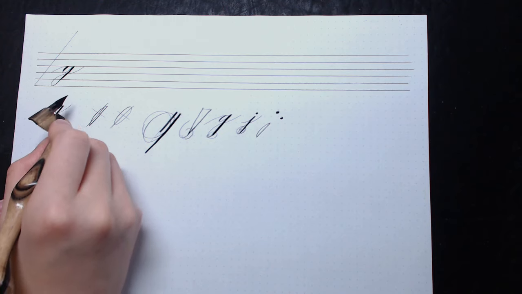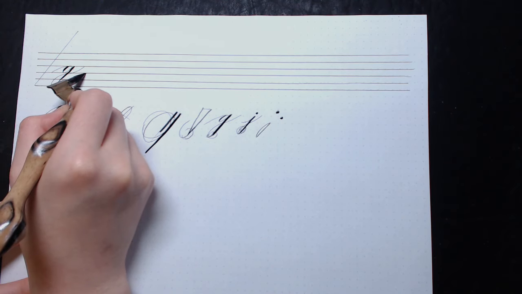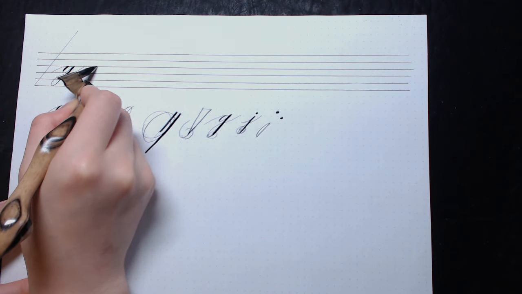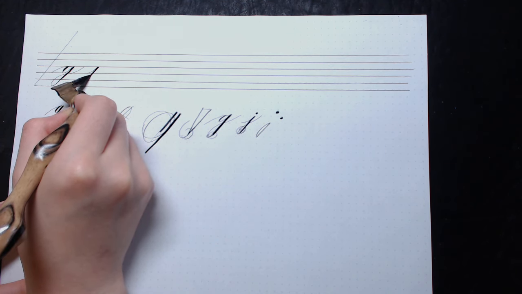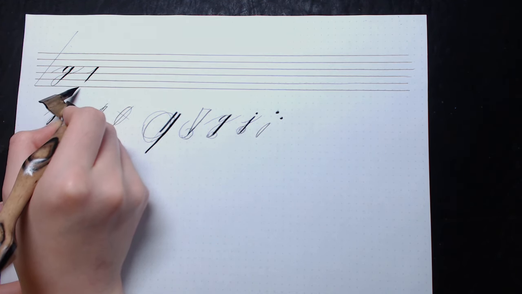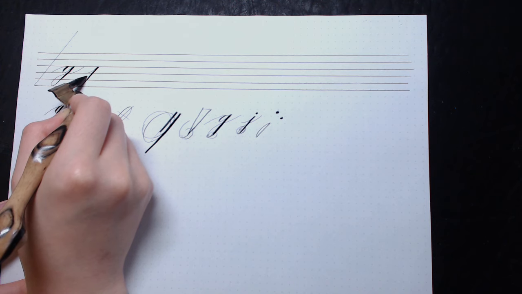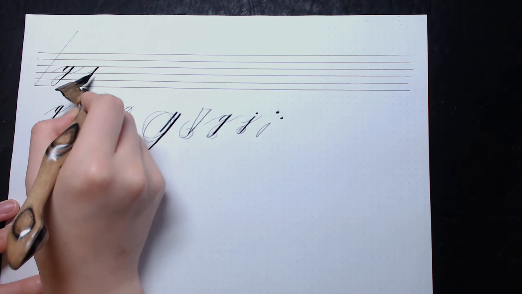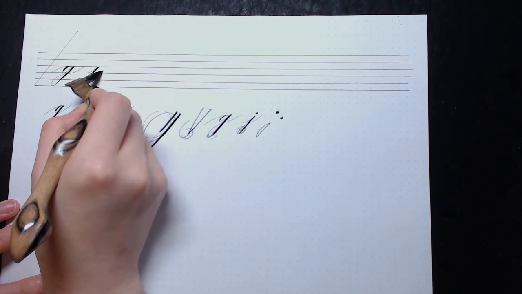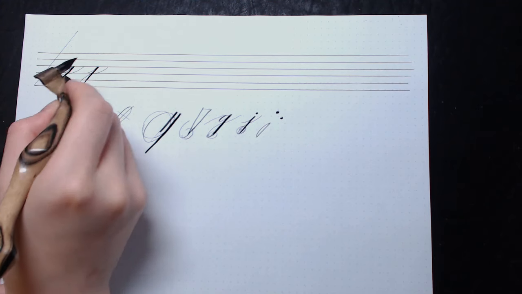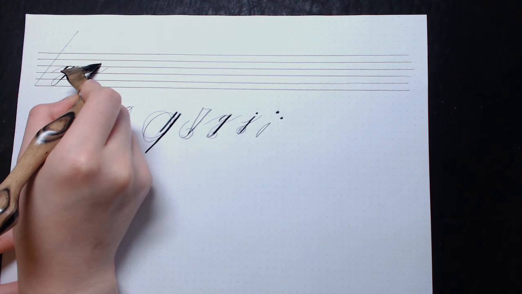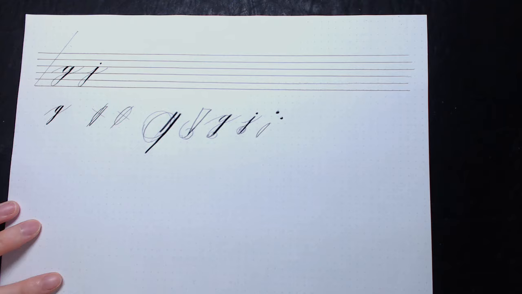So to write the J, go up in a concave hairline, push 2 lines down, gradually lift the pen. Think about the size of the oval and exit stroke. Draw a circle, then fill it in.